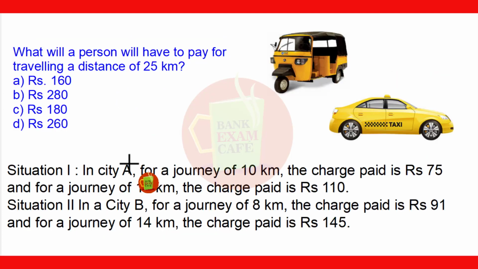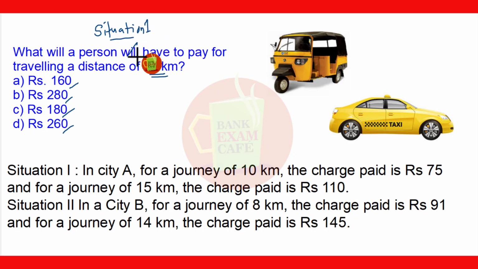Now friends, here is another question, and I expect you to give the answer. Solve this yourself and write your answer in the comment box. Here is the question: what will a person have to pay for traveling a distance of 25 kilometers? Whether 160 rupees, 280 rupees, 180 rupees or 260 rupees, and you have to refer to situation 1.